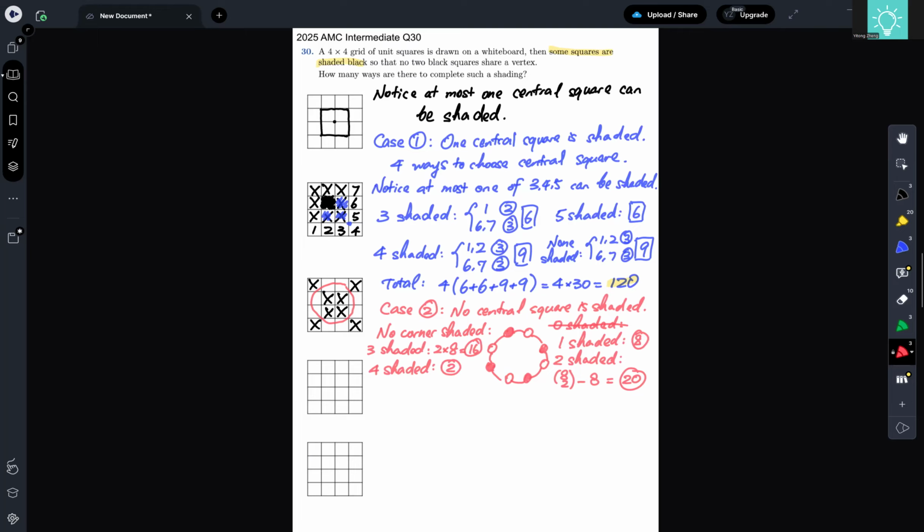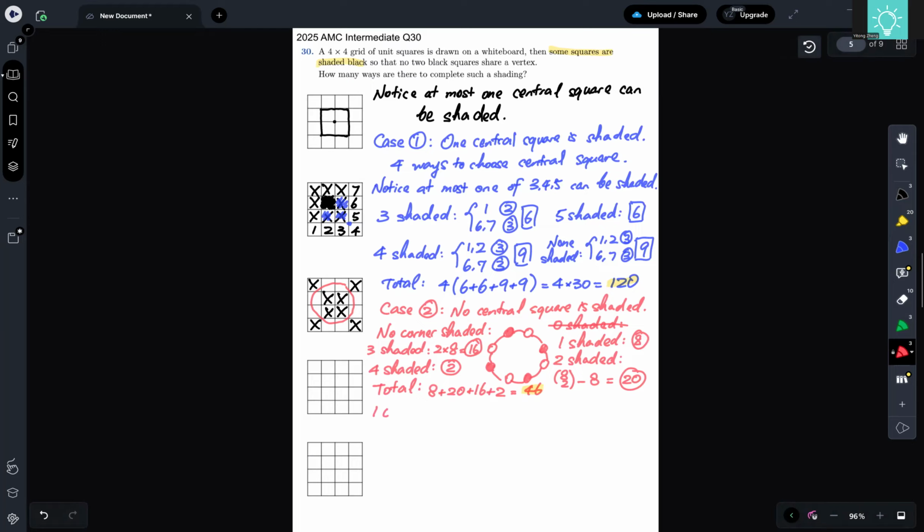We can't shade possibly more than 4 because then we would have 2 consecutive. So the total number of ways in this case is 8 plus 20 plus 16 plus 2. 8 plus 2 is 10 plus 20. So there's 46 if no central square is shaded and no corner is shaded either.